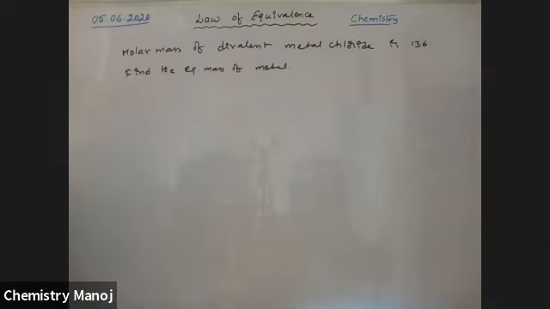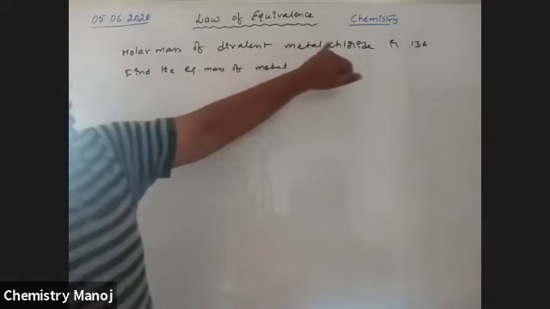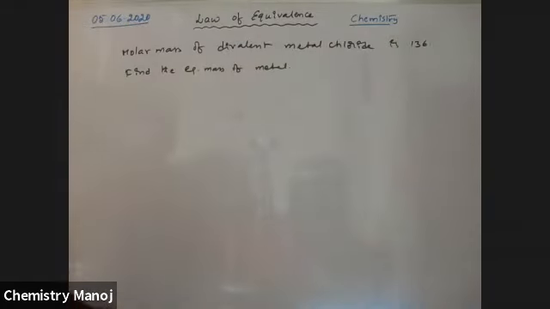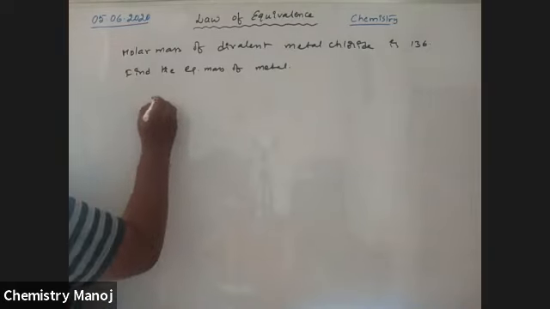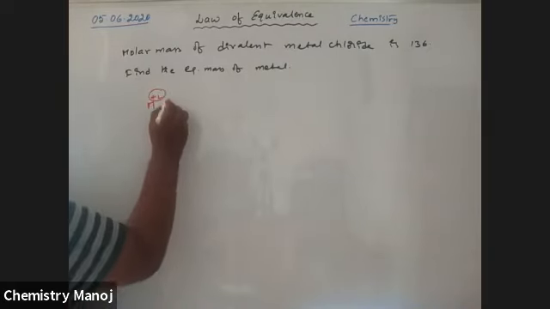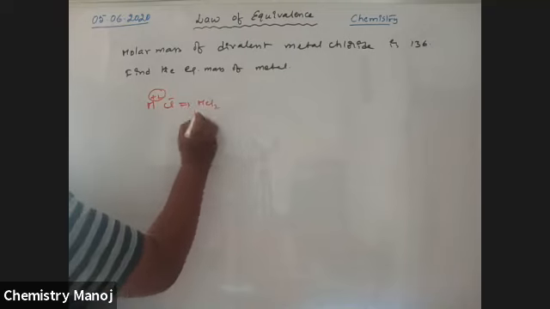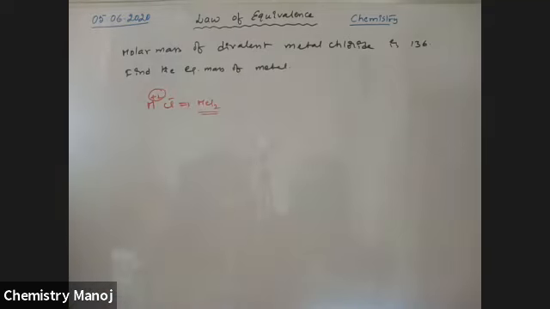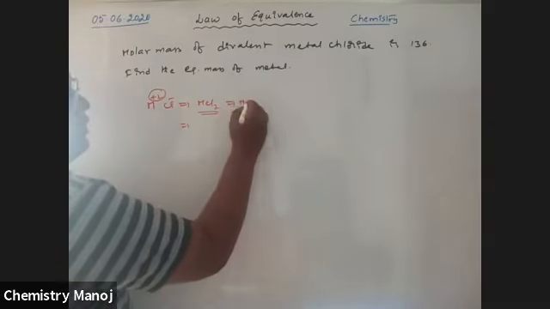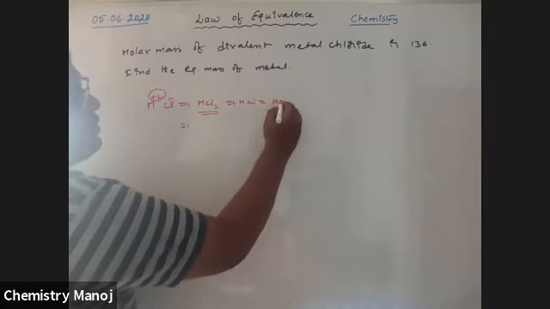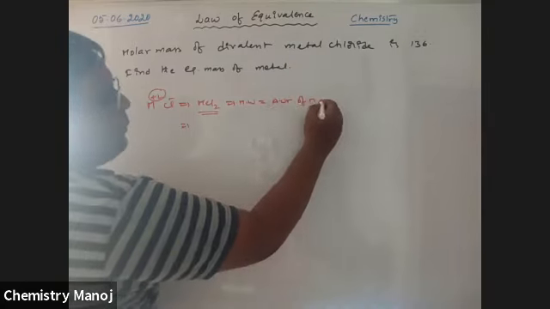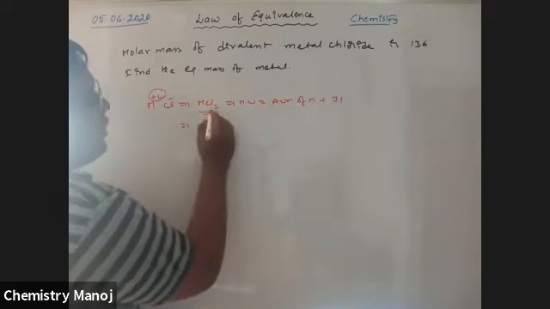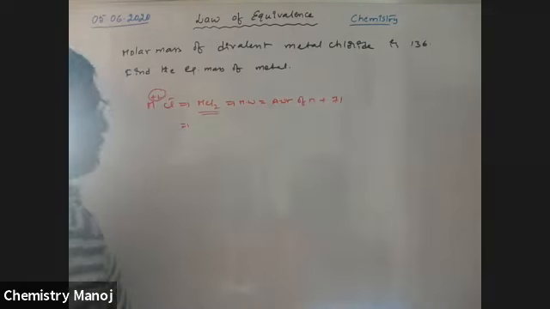See here. Molar mass of divalent metal chloride is 136. Divalent means valency 2, oxidation state 2. So now it is M plus 2 ion, and Cl minus ion, that gives MCl2 as the formula. The molecular weight of this is atomic weight of M plus 71, since chlorine is 35.5 plus 35.5, which is 71.